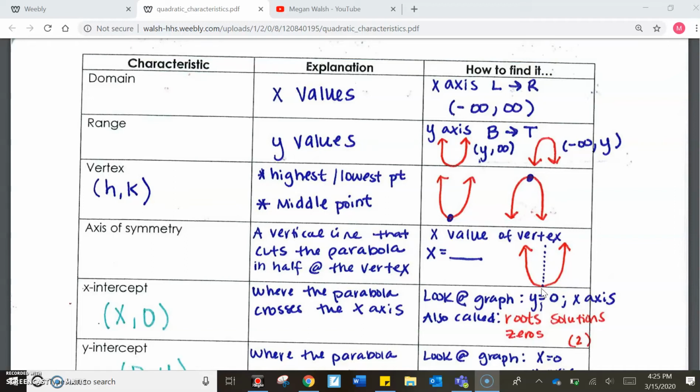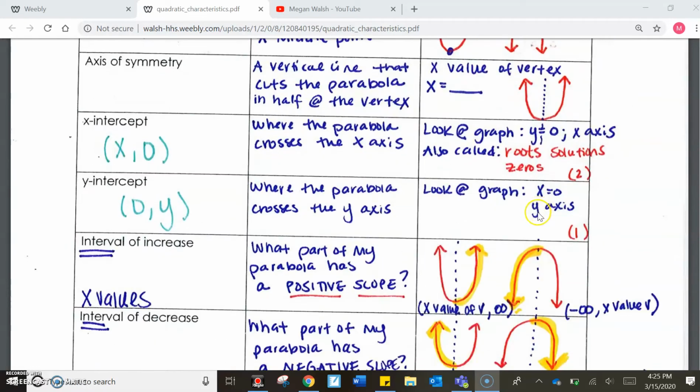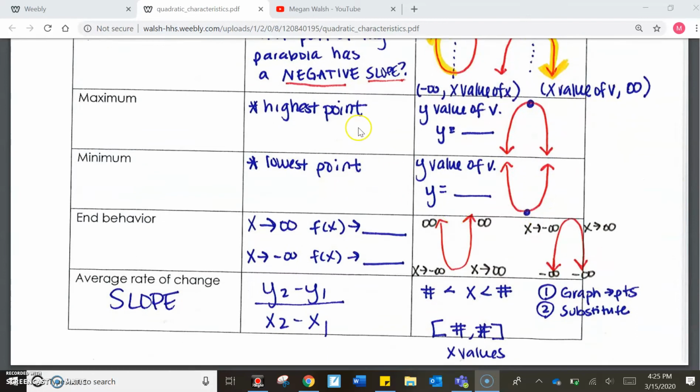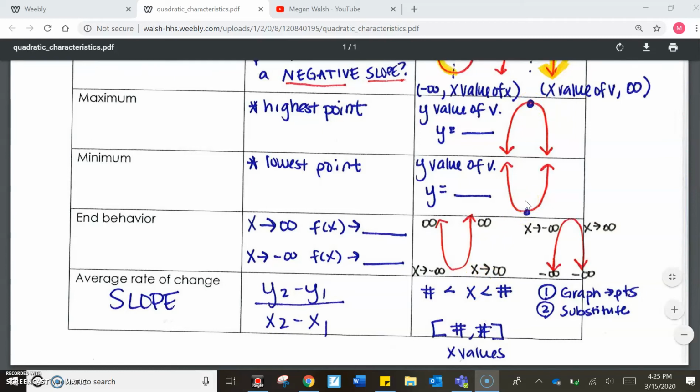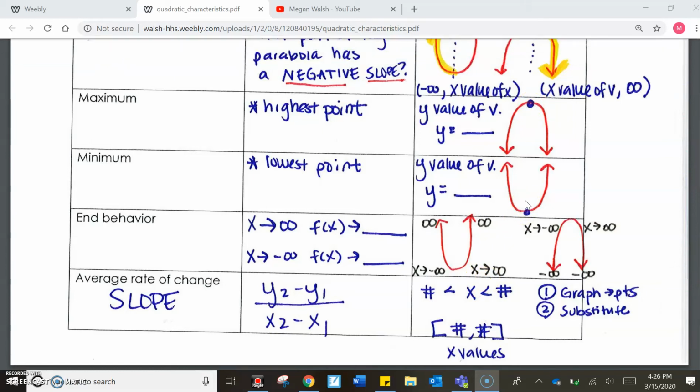So it's going to be x equals that x value of our vertex. Then when we talk about maximum and minimums here, that's our highest point, maximum, or the lowest point, our minimum. If I ask you for the maximum or the minimum value, I'm asking you for the y value of the vertex. Anytime I say maximum point, minimum point, then I'm going to ask you for that full ordered pair.